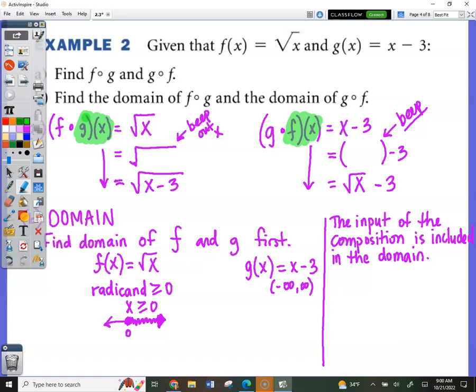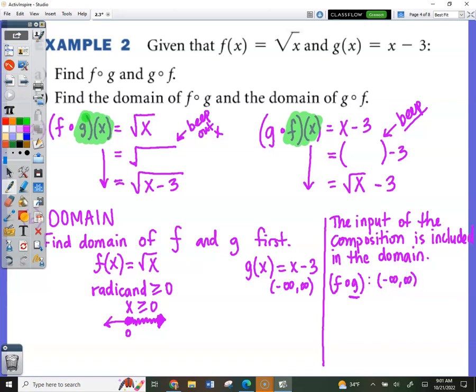Okay? So let's look at f of g. I'm going to leave off the of x because we're just talking about domain. Right? The input. What was the input? g. What was the domain for g? It was all real numbers. Okay.